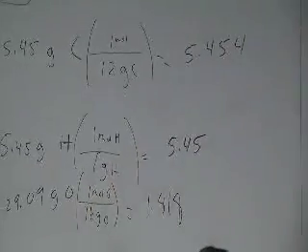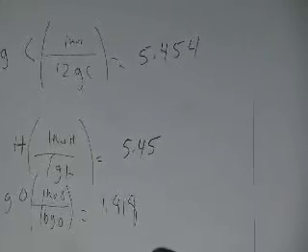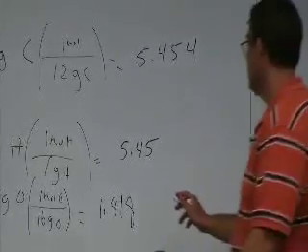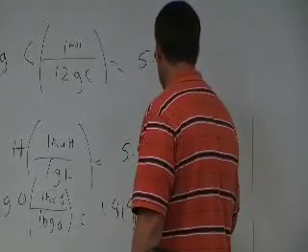Okay, what's my next step here? Divide by the smallest number, right? This is divided by 1.818, which is 1.